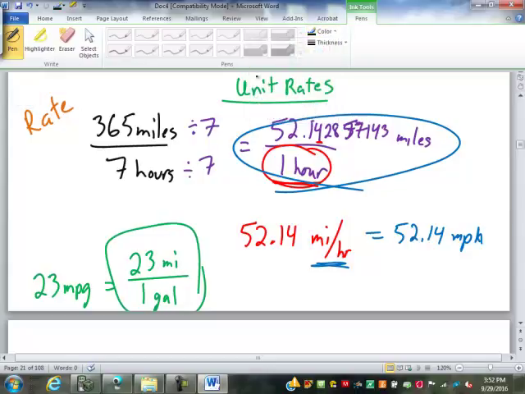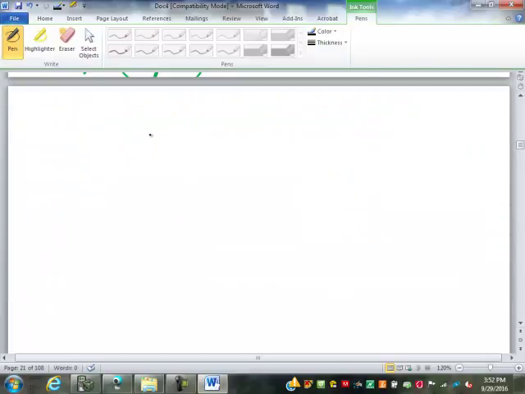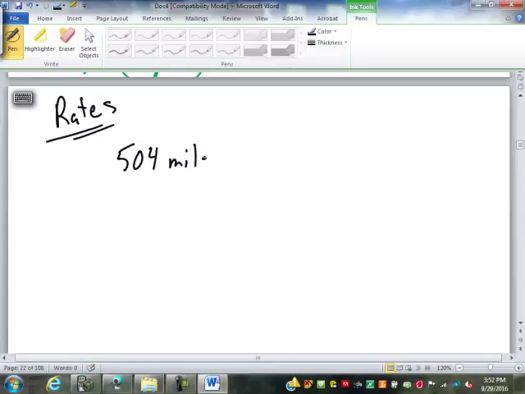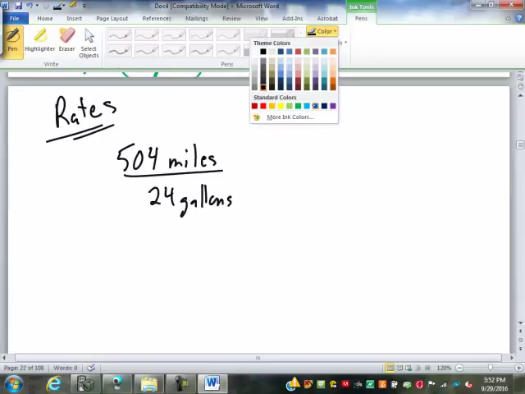So let's look at some examples of rates and ratios. Let's stick with rates first, since we're on it. We just looked at miles per hour. I'm going to look at miles per gallon. If you go on a trip and you get 504 miles and 24 gallons of gas, you have that rate.